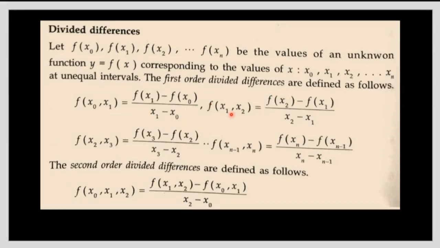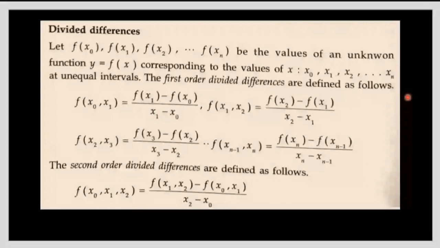Similarly, for the pair x1 comma x2, you get f of x2 minus f of x1, divided by x2 minus x1, second ordinate minus first ordinate. In the same way, you can write this n number of times.